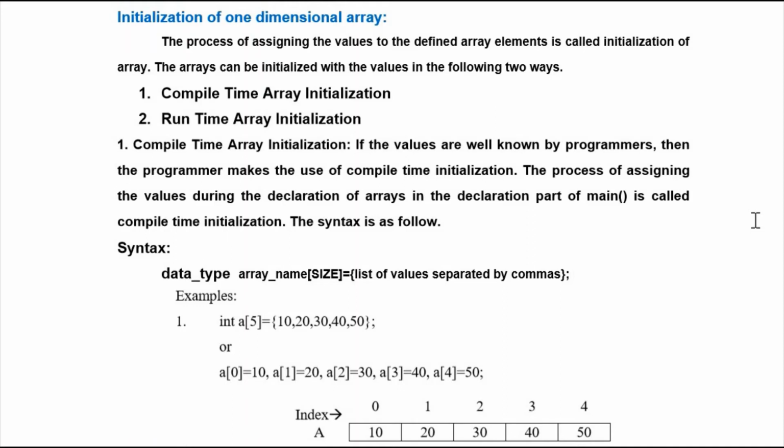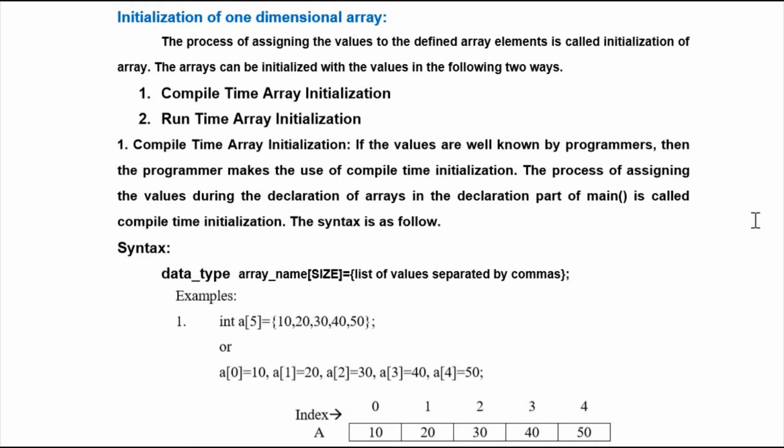So I can initialize the array values either at compile time or during runtime. Now let's see compile time array initialization. If the values are well known by the programmer, then assigning the values during the declaration of the array, in the declaration part of main, is called compile time initialization.